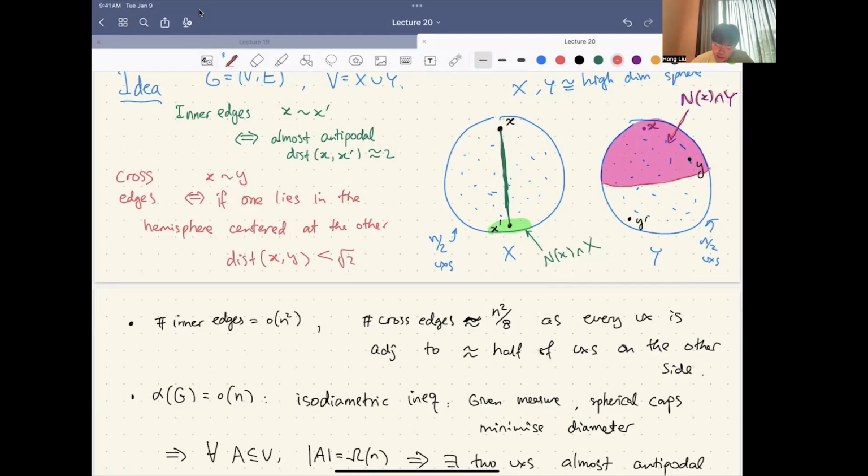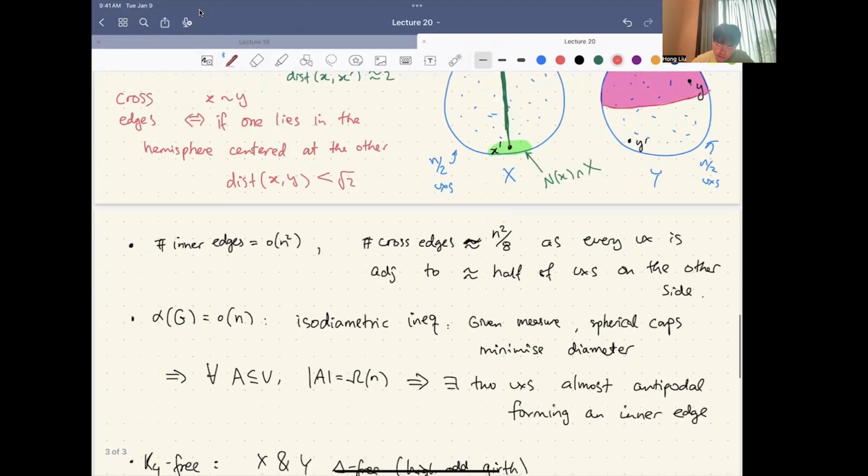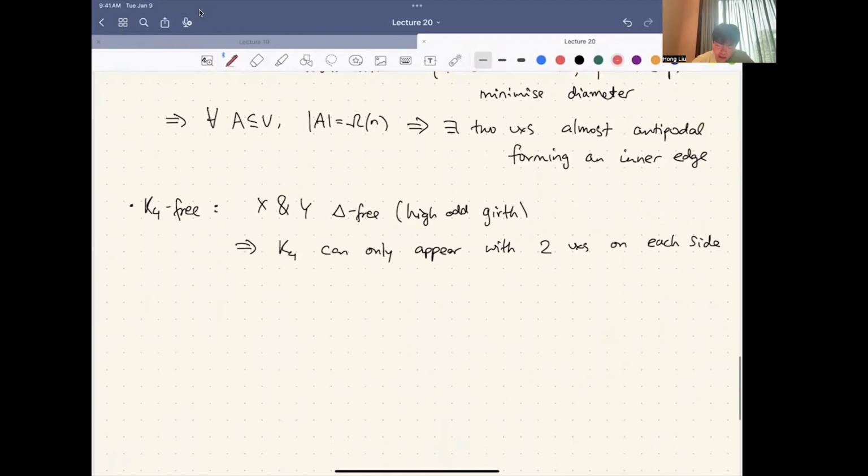So now the idea is basically that you cannot have x prime and y prime forming a K4, because both of these two pairs have distance at least 2.